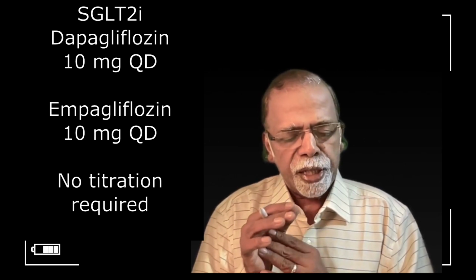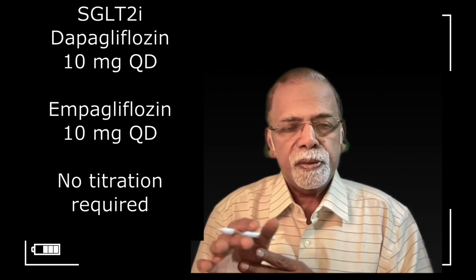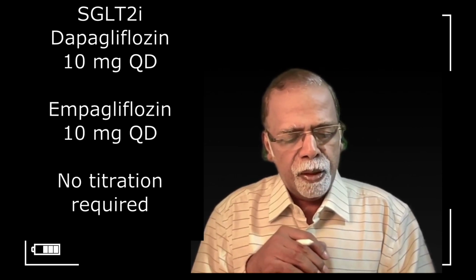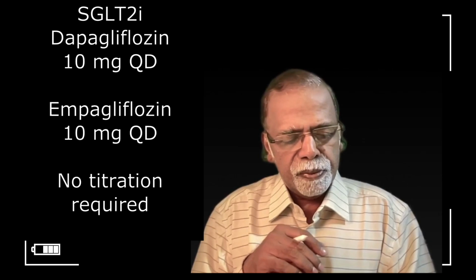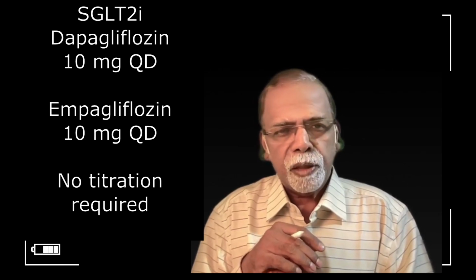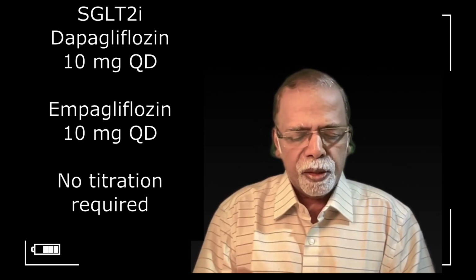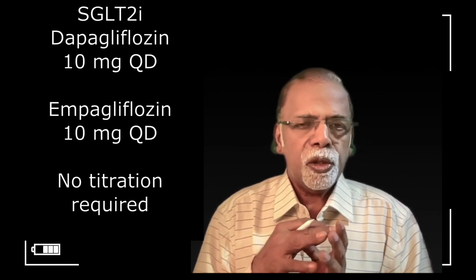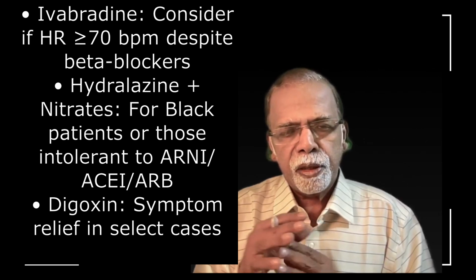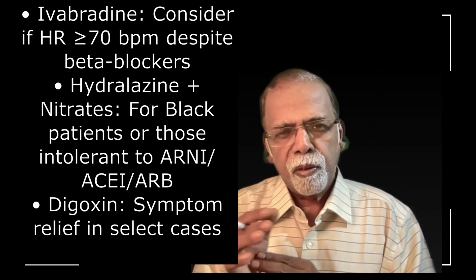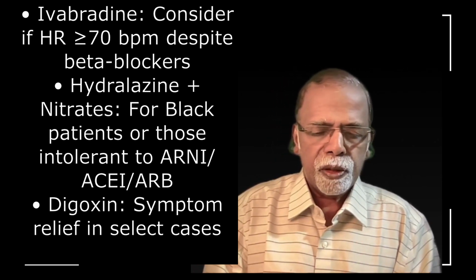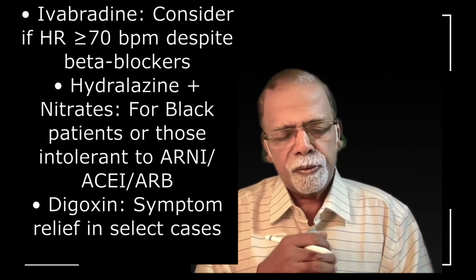For worsening of renal function, titrate diuretics carefully and adjust the ARNI and ACE. For bradycardia, reduce the dose of beta blocker and consider ivabradine if heart rate is more than 70 beats per minute with adequate beta blockade, or if the patient cannot tolerate the beta blocker to the target dose.